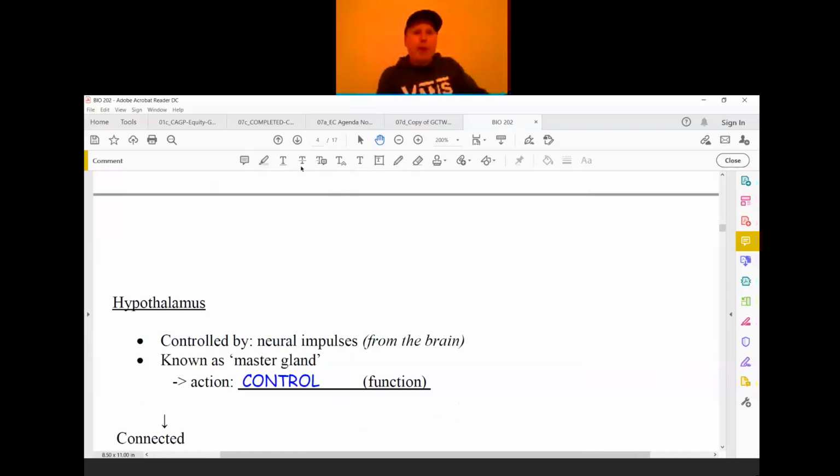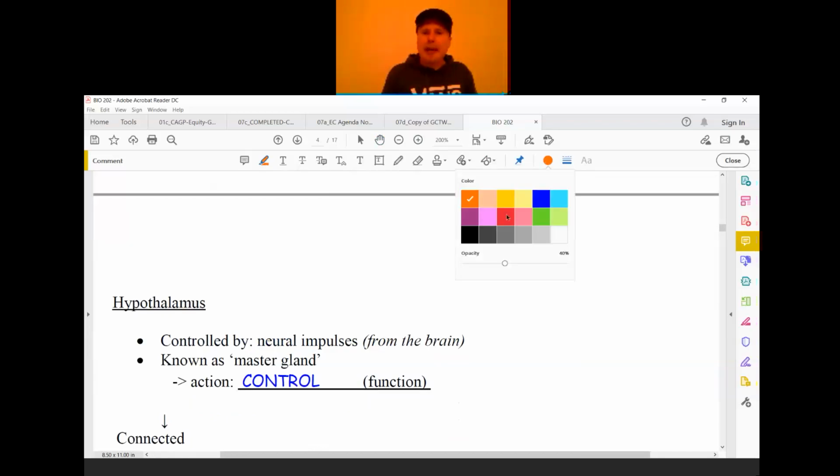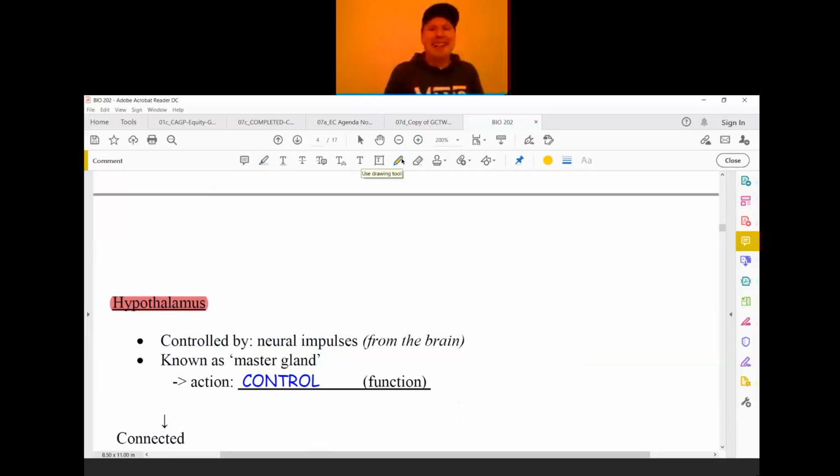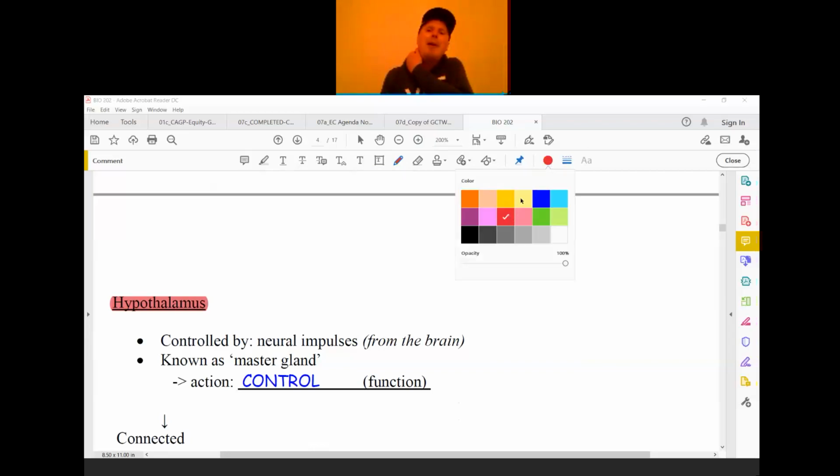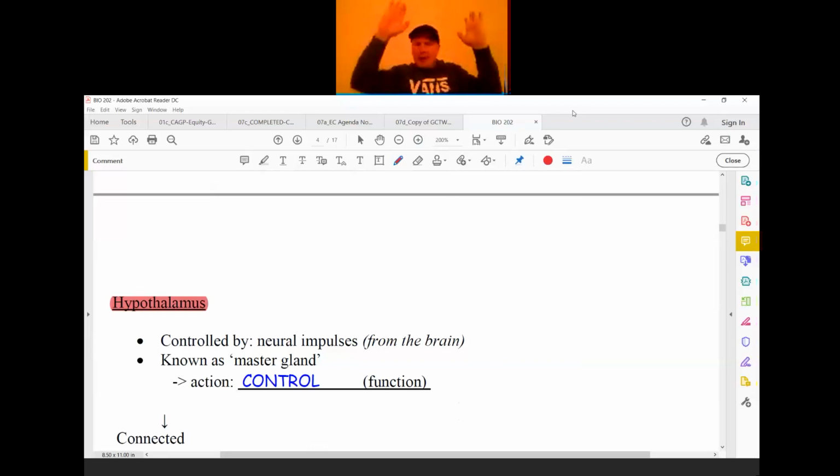And I think what we're going to start with is looking at the hypothalamus. So you might remember when you covered in the BIO201 the different parts of the brain. Just make yourself comfortable. We covered the different parts of the brain. The hypothalamus was the part roughly in the middle of the brain, when you separate the two hemispheres and then cut through.